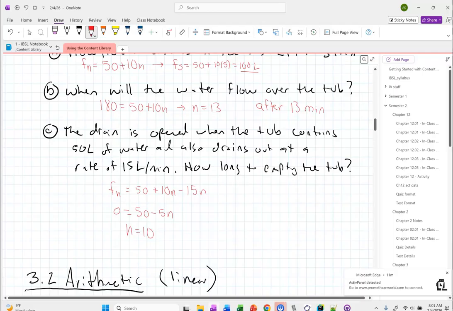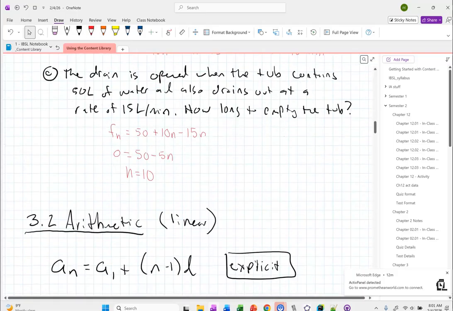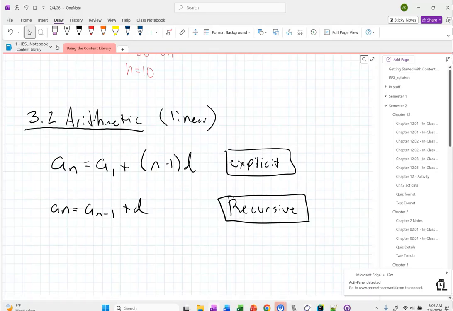Notice that I haven't asked you to write the equation or the explicit form for any of these sequences we've been talking about. Right? We've just been kind of talking about sequences in general. We're going to talk about 2 specific types of sequences today. One is the arithmetic and the other is the geometric. We're going to talk about the arithmetic sequence first.